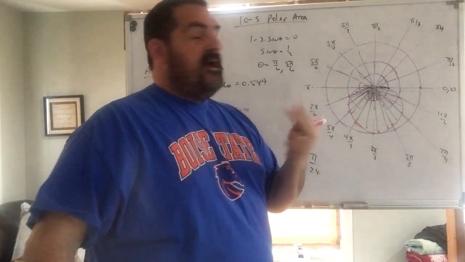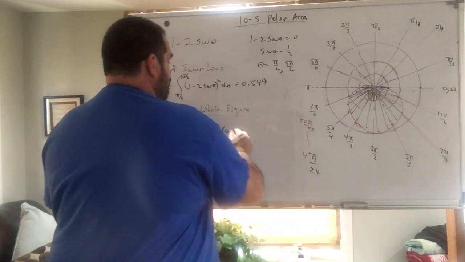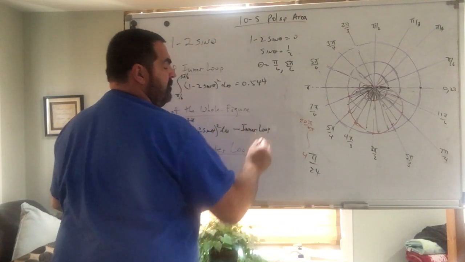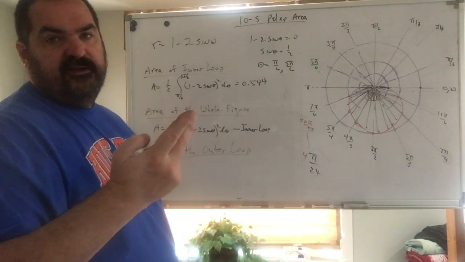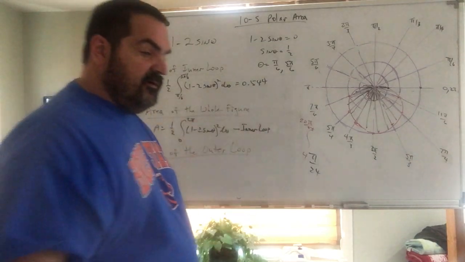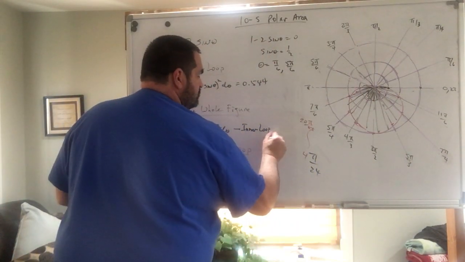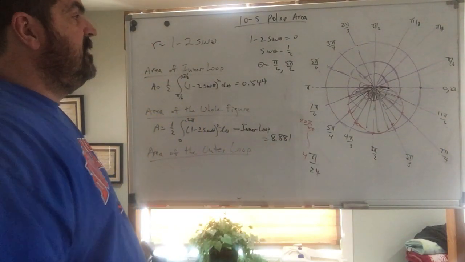So we actually have the area of the whole figure plus an extra inner loop. So if we subtract off the inner loop, then we got the whole figure. Since they did it twice, we might as well just get rid of one of them. So you can subtract off the 0.544. So that value, 8.881, is the area of the whole figure.